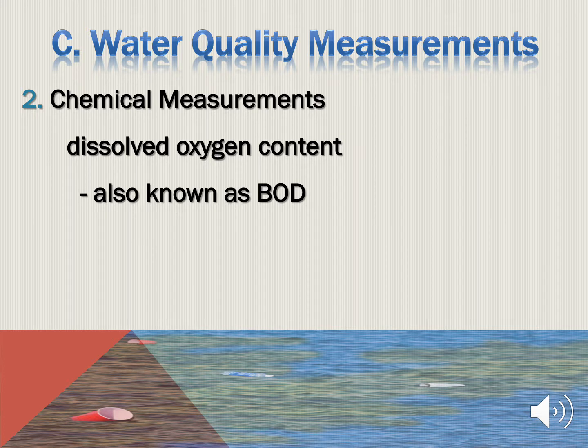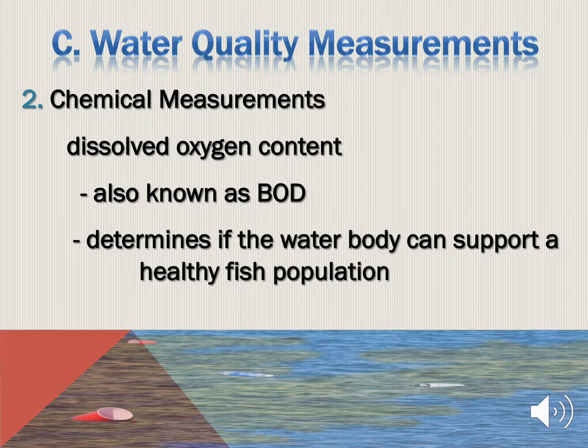And by taking a BOD on a water, it determines the amount of dissolved oxygen present in that water body relative to the amount of organic material that needs to be decayed by organisms. So it basically determines if a water body can support a healthy fish population. And we'll talk about the BOD concept as we move through this course.